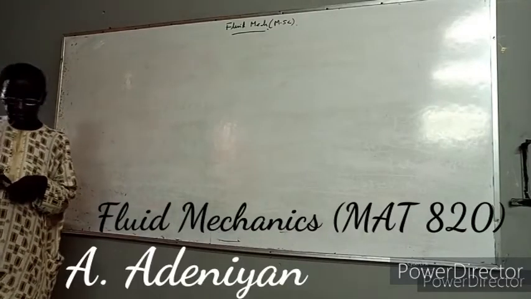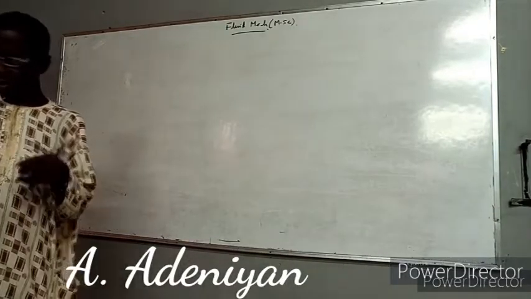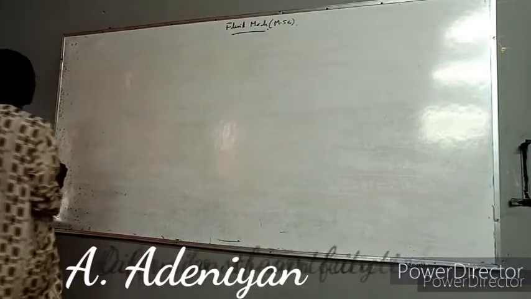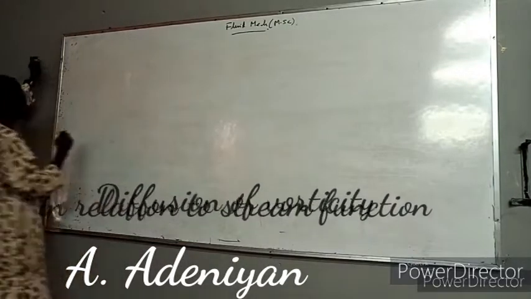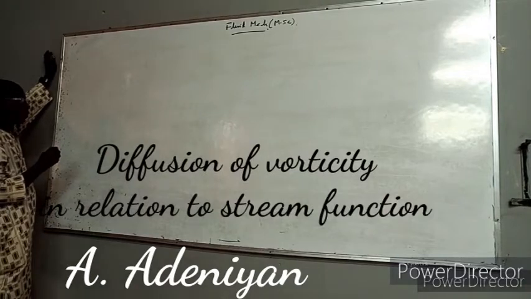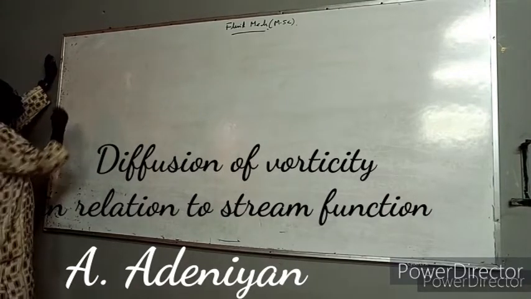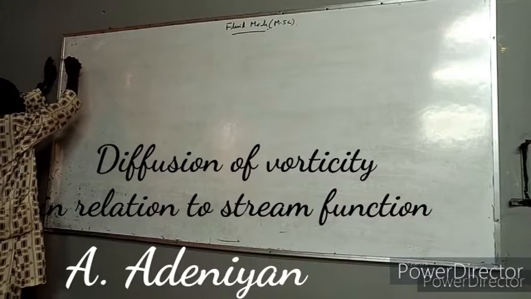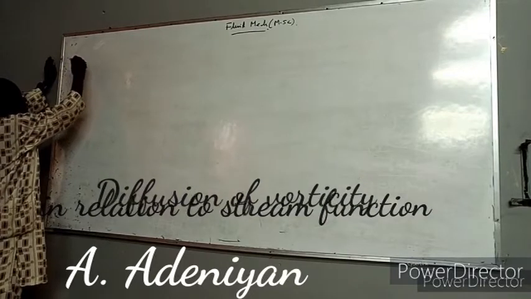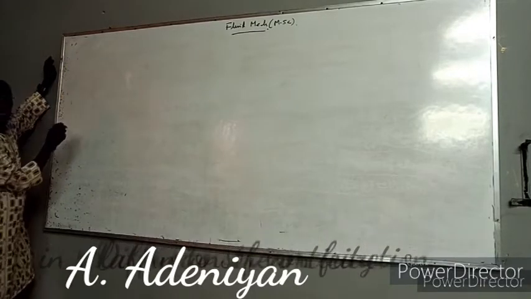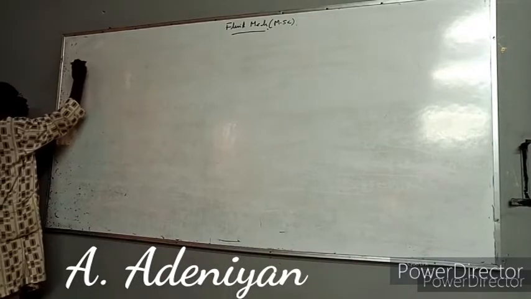Recollect what we did last. We stopped in our last lecture on the vorticity vector transport equation. That is what we did last. And the equation was what?